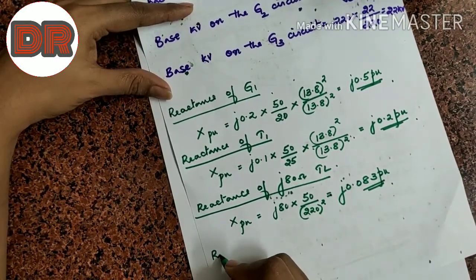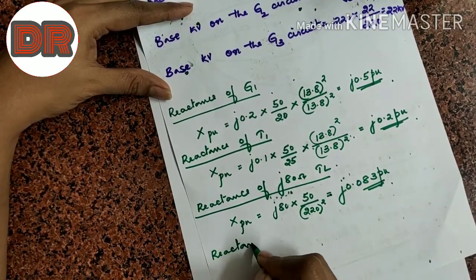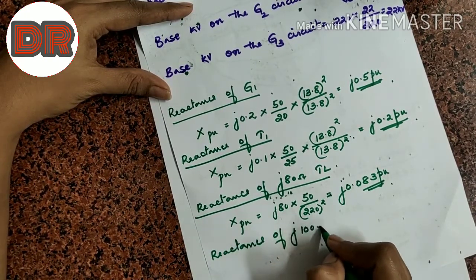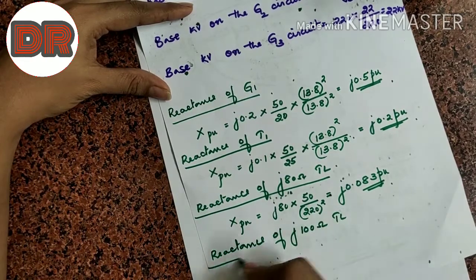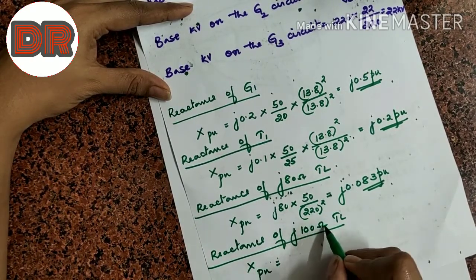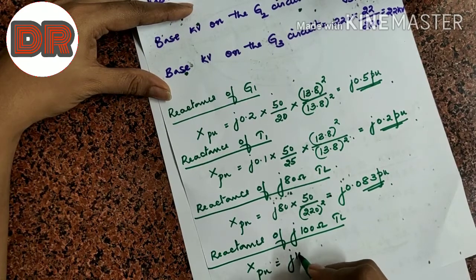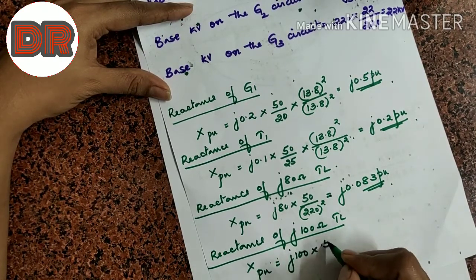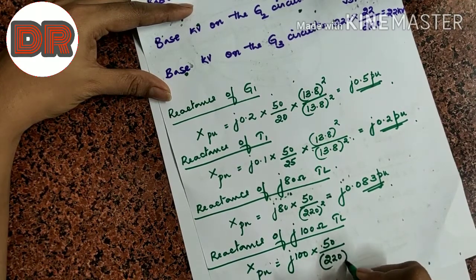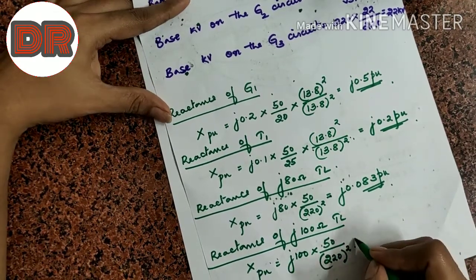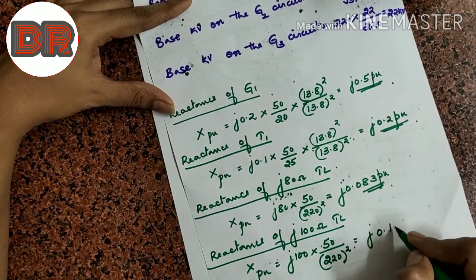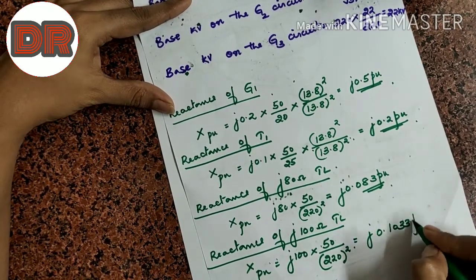Similarly, for reactance of the j100 ohm transmission line, X per unit, same equation because it is in ohm. So it is j100 into 50 is the base MVA and 220 kV will be the base kV there. So it is j0.1033 per unit.